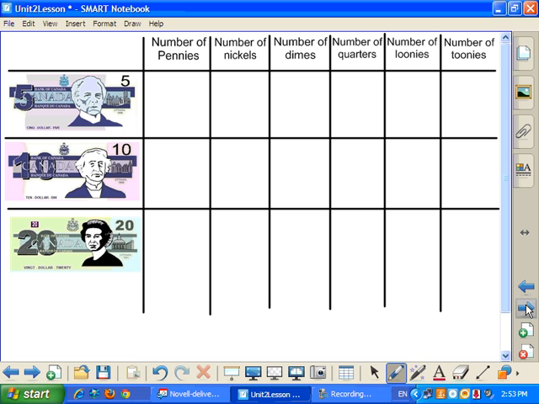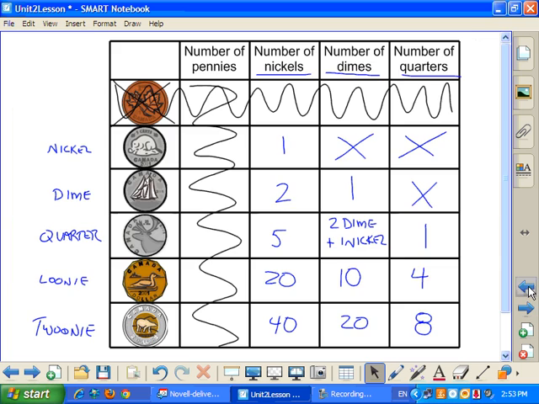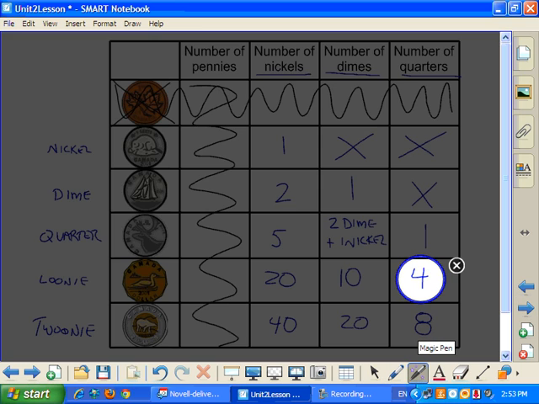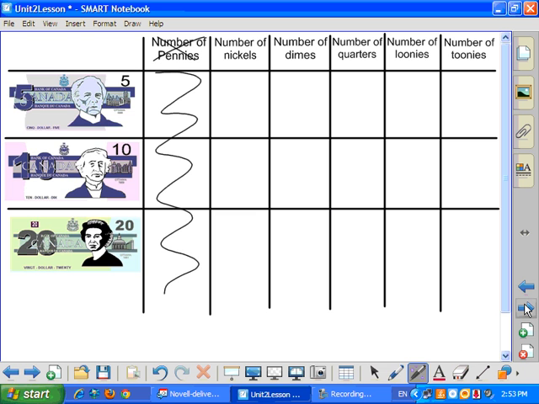Now looking at the $5 piece, again, I don't need to worry about the pennies anymore. One of the things I always tell people when you want to break it down further, keep in mind, go back to the loonie. You needed 4 quarters for $1. So that means you're going to need 5 times as many. So 5 times 4, we would need 20 quarters for the $5 bill.